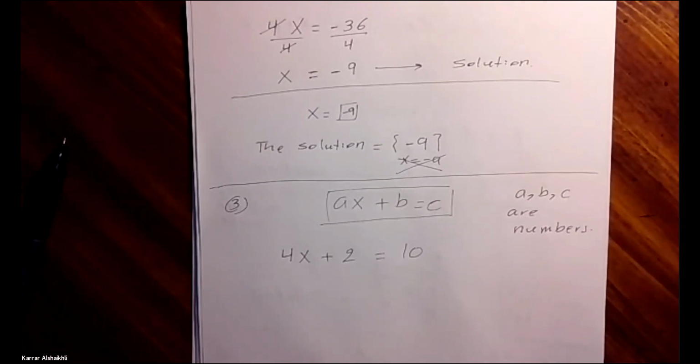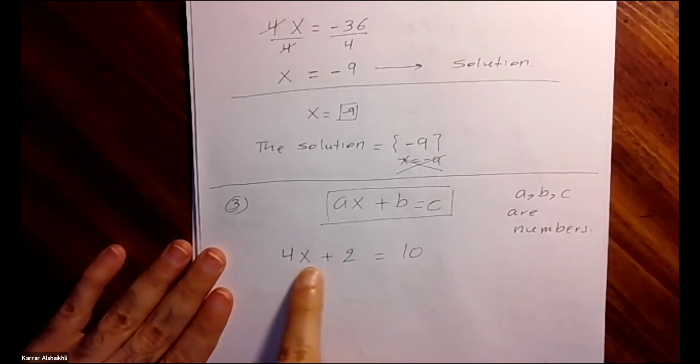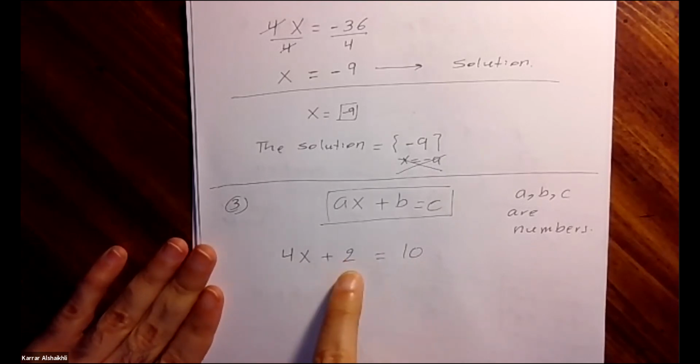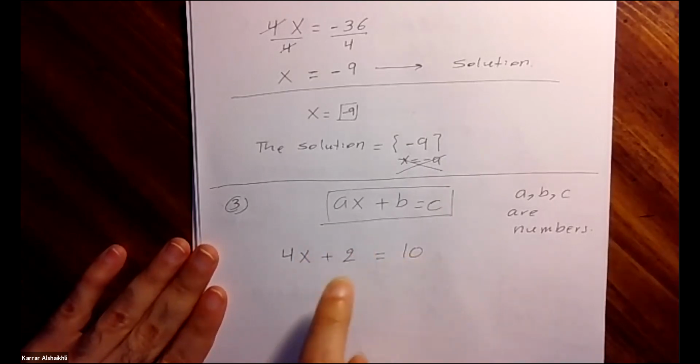Move all the numbers by themselves to the right side, and move all the variables to the left side. Check, I don't have variables on the right, and the variable on the left already exists on the left side. So the first step, I'm gonna move the numbers by themselves to the right side.